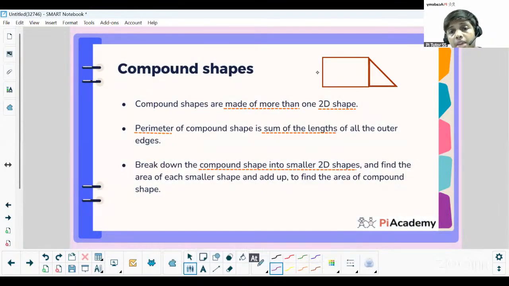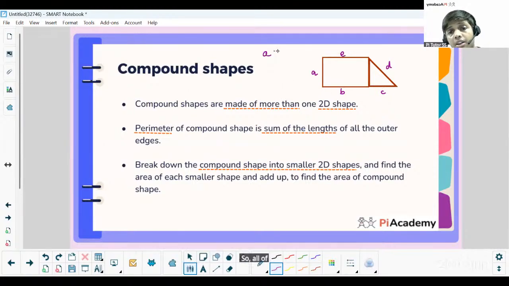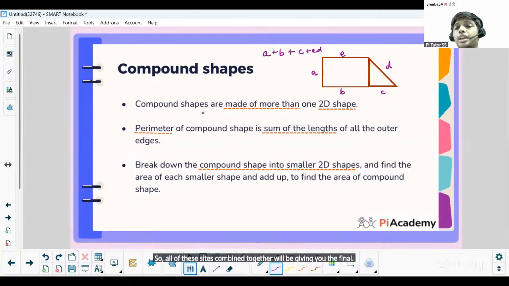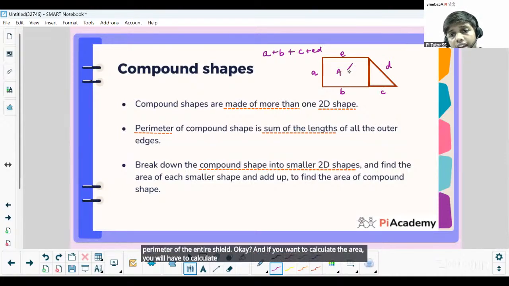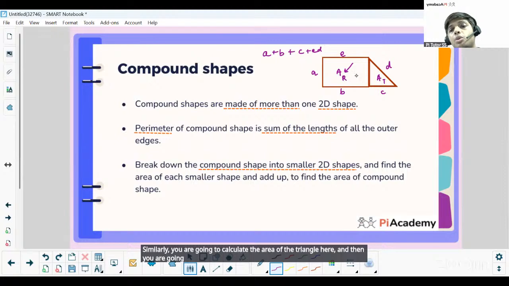At first, you will add this side with this one, then add this side, then you have D, and at the end, you have E here. All of these sides combined together will give you the final perimeter of the entire shape. And if you want to calculate the area, you will have to calculate the area of the rectangle first. Similarly, you calculate the area of the triangle, and then add them together to get the final area of the compound shape.